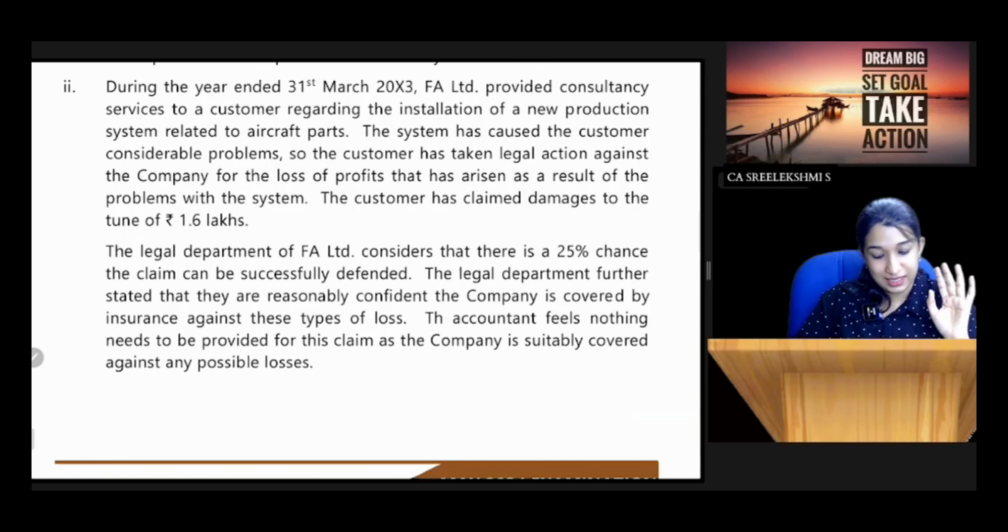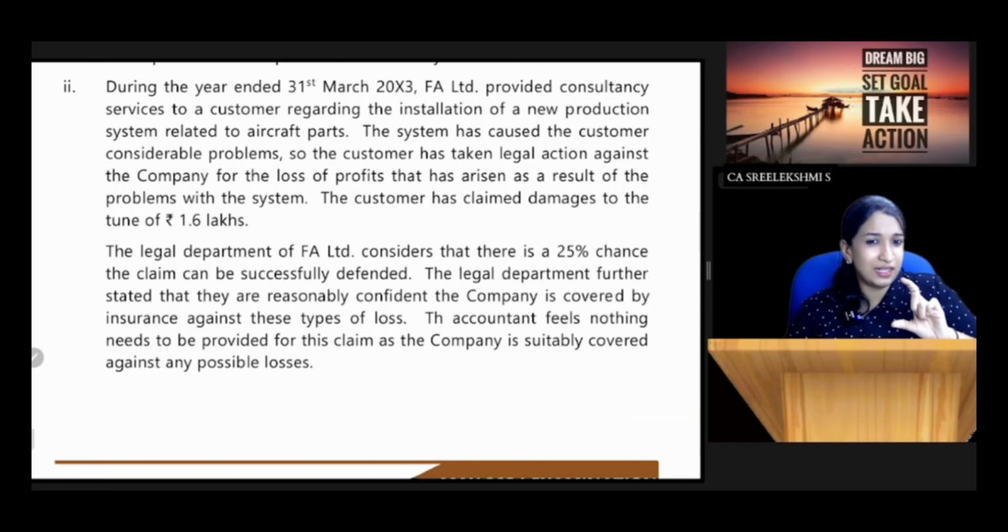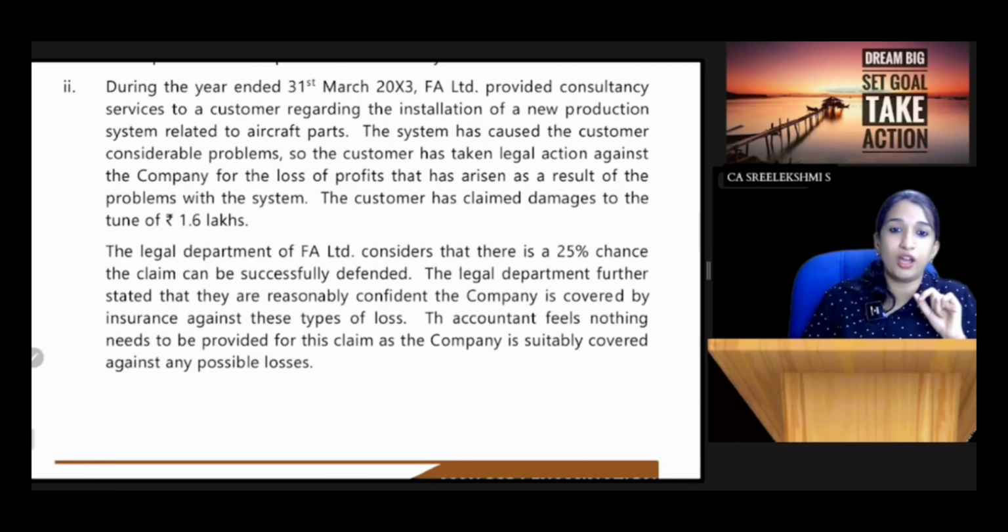1.6 lakhs. The legal department of FA Limited consider that there is a 25% chance that the claim can be successfully defended, which means there is a winning probability of 25%. So if winning probability of 25% means, do you need to create provision or contingent liability?